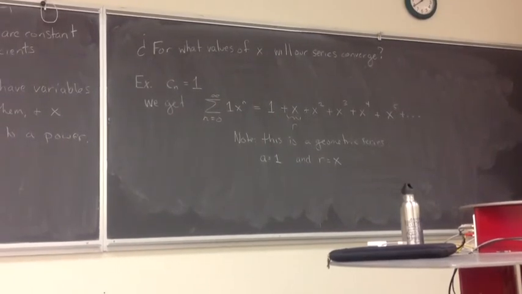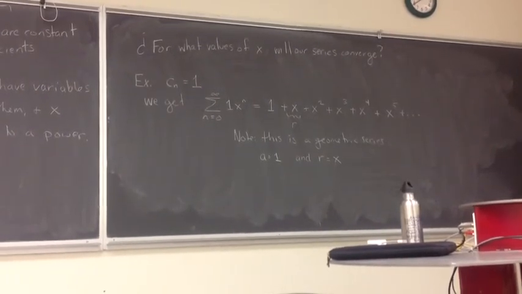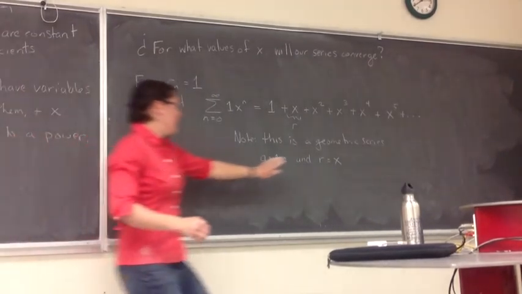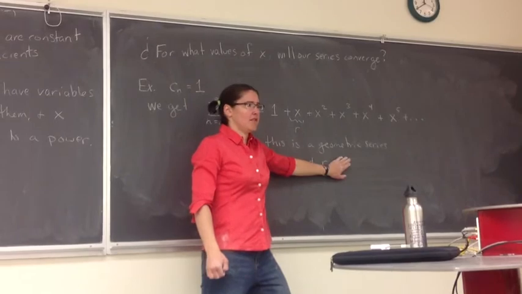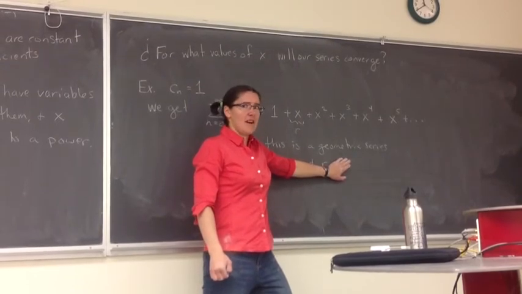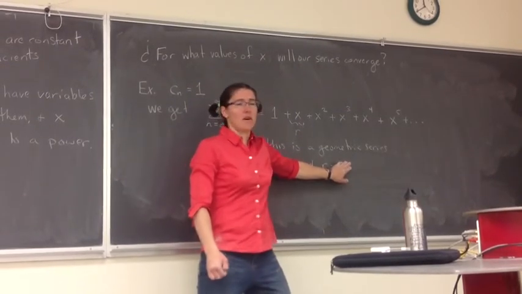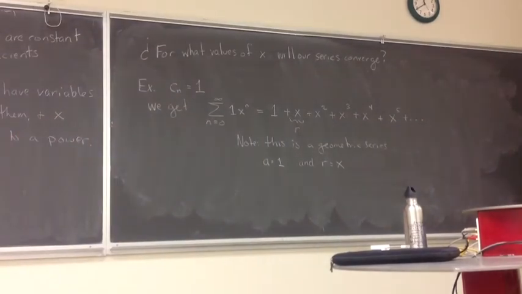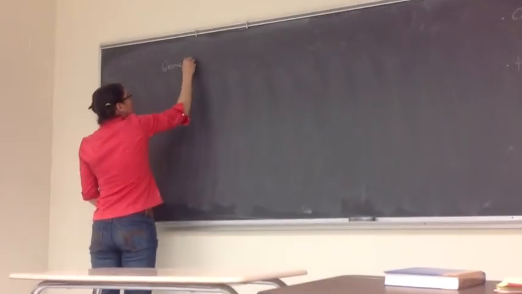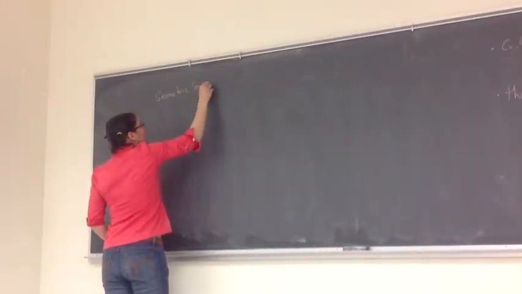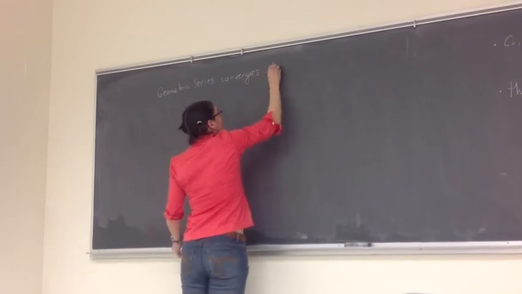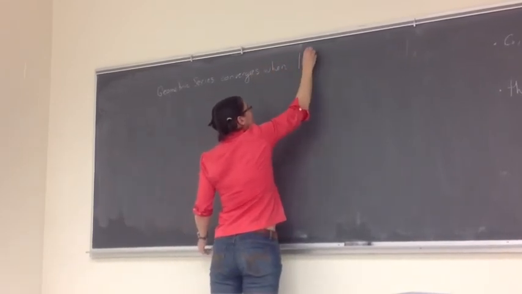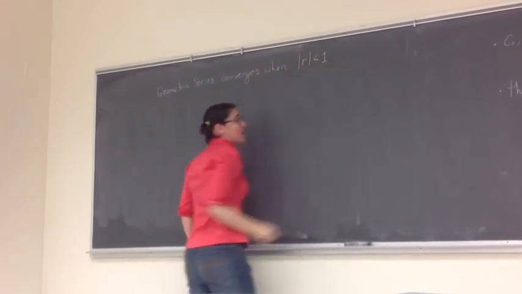Alright, so what do we know about a geometric series? For what values of r does our series converge? Yeah, the size of r has to be less than 1. And so a geometric series converges when the size of r is less than 1.